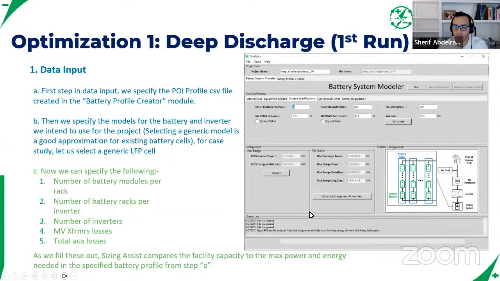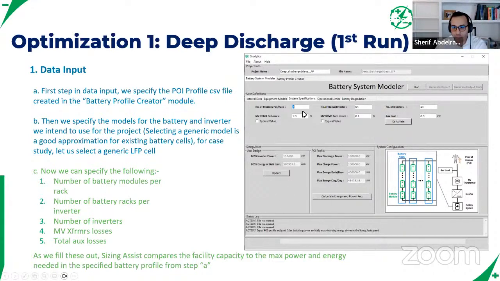If you're following along on your own, click calculate energy and power required. That way, the maximum discharge and charge powers will show up in addition to the maximum energy discharged per day and maximum energy charged per day.